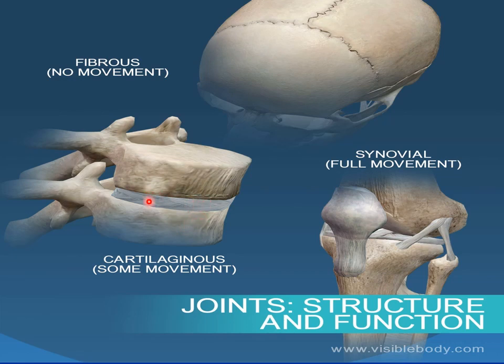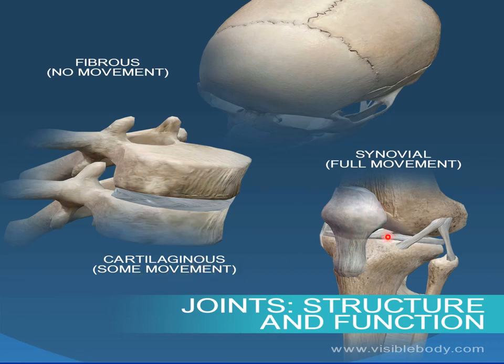Here you can see in between the vertebrae the intervertebral disc that has cartilage present in it. You have studied previously that this is the fibrocartilage present in between the vertebrae making intervertebral discs. So this union by cartilage makes it the cartilaginous variety, and here a slight movement is possible.